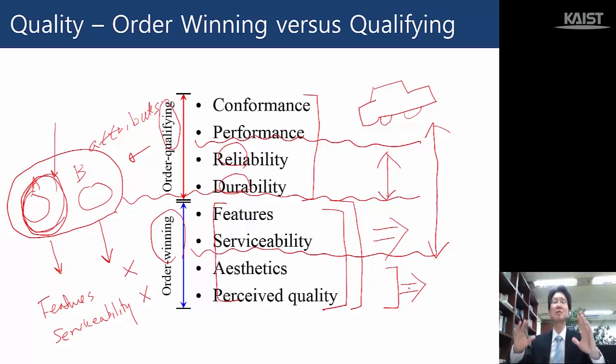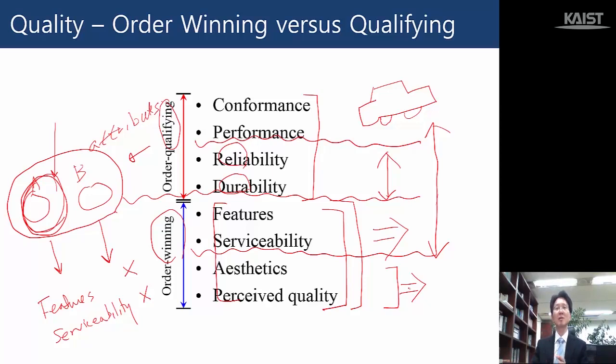So depending on the market, the industry characteristics, and some other stages of market advancement, the exact categorization of order winning versus order qualifying attributes may be different, but you know the point, right?